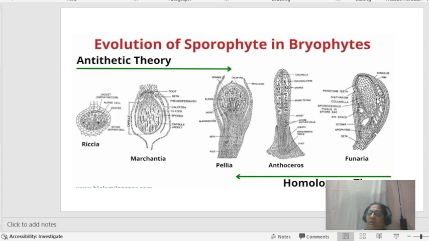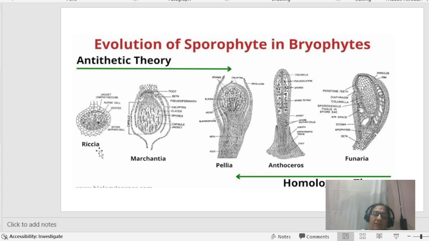Here, you can see Funaria, which is more complex, where the sterile cells are more in the capsule. In Anthoceros it has been reduced from multi-jacket to single jacket, and in Pellia there are still elaters, and still multi-jacket structures. In Marchantia, the capsule is only single jacket, foot and seta are present, but the stalk is not very long.